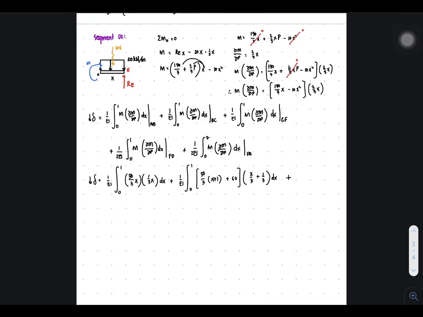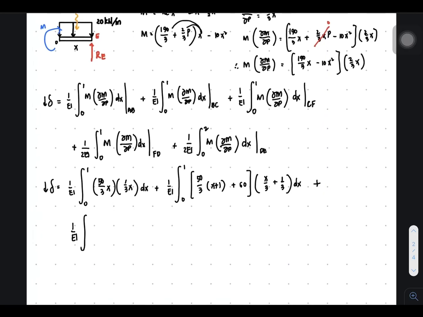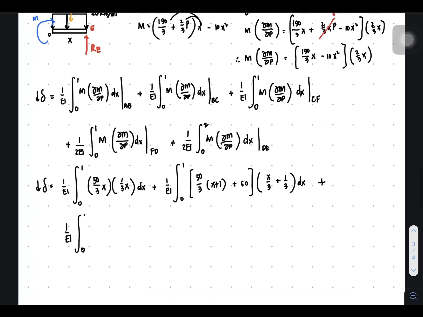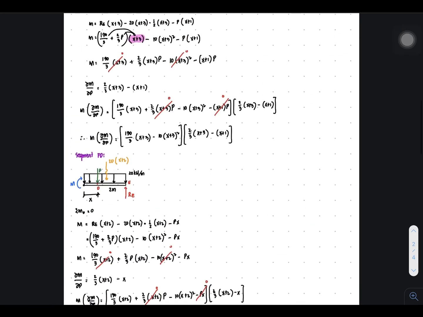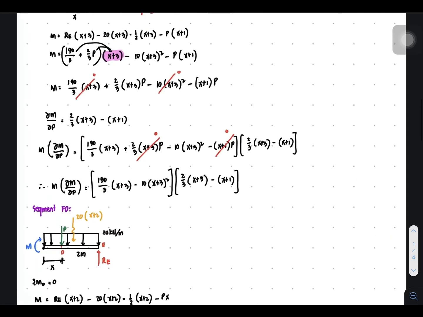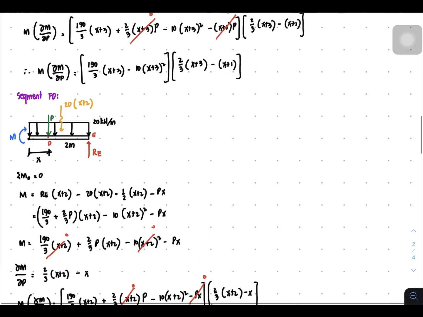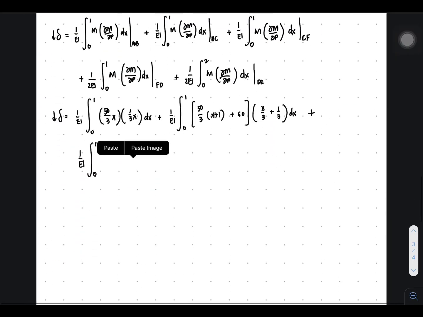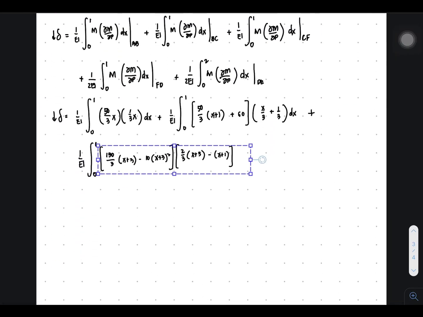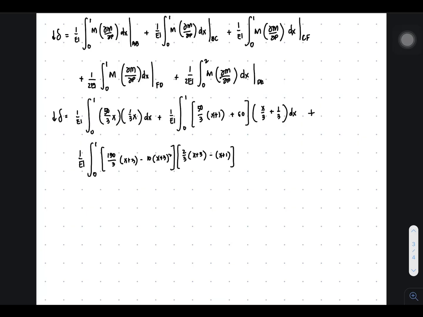Then plus the integral, the 1 over EI. Still 1 over EI because we are still in CF. Limit is from 0 to 1. CF. Where is CF? Here. So we need to copy this and paste it here. dx. Don't forget that.